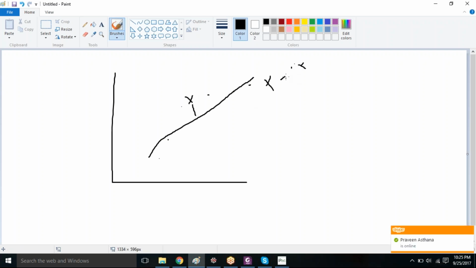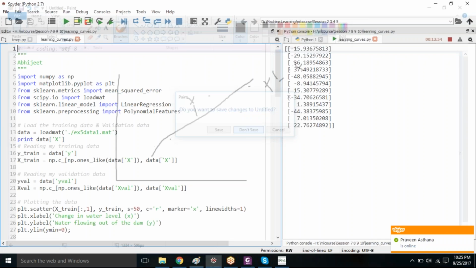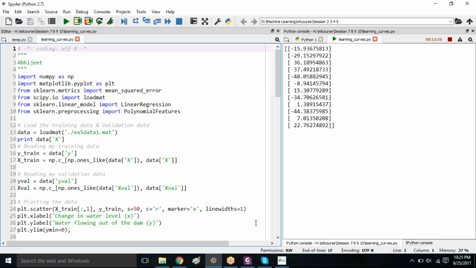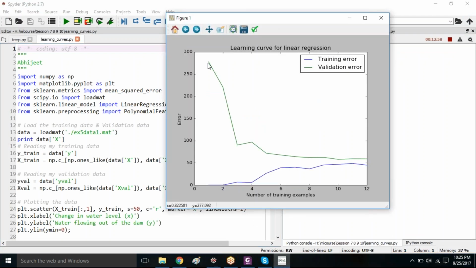So that's why there also the error was more. That is why the validation error started from a high value. And then as you increase the validation data also, it came down to almost the same error. But the point is, both the validation and training errors are high.